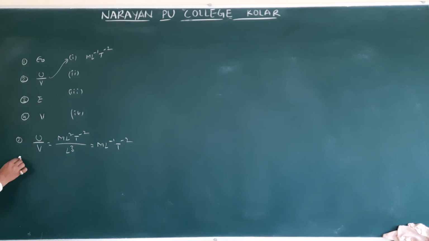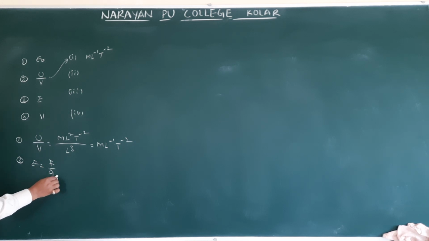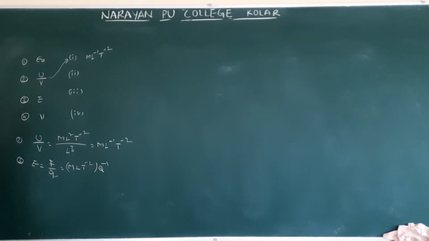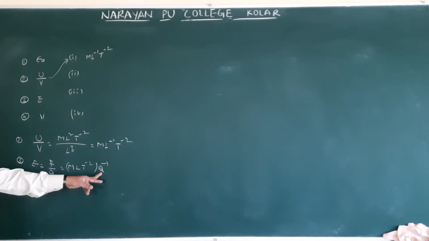Third one: what is the electric field? To write the electric field dimensional formula, it is force acting on unit charge, F by Q. On the right side they give it in terms of Q, therefore first we came to know the force dimensional formula: M L T power minus 2. They gave Q power minus 1 in the options.